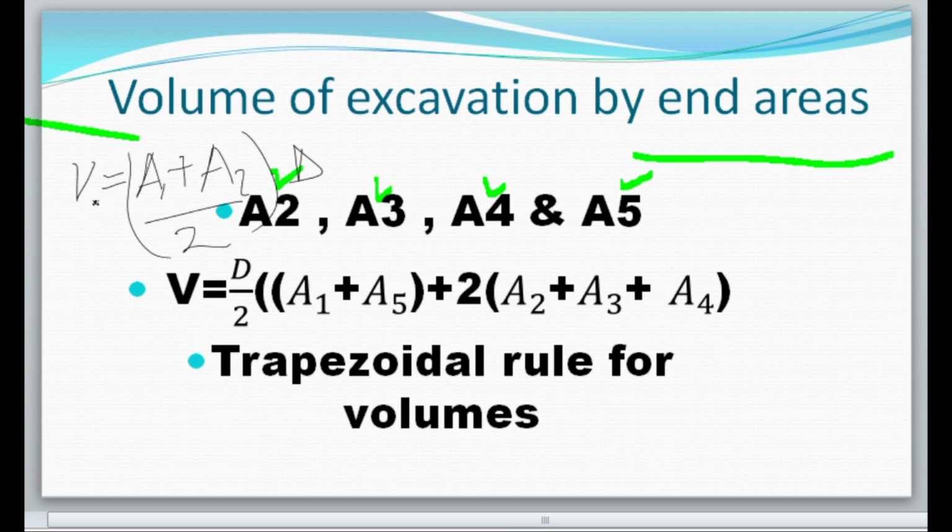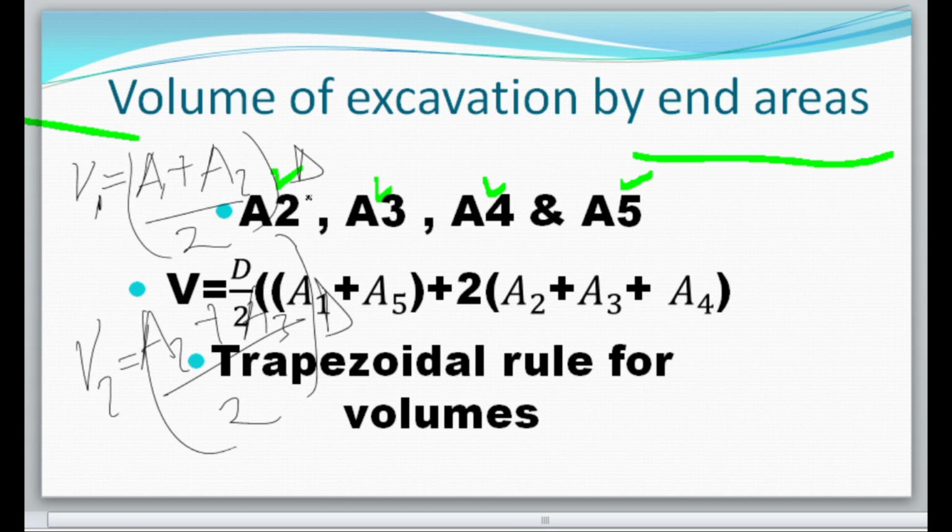This is the formula that we'll be using. So we'll have to calculate volume 1, volume 2, again area 2 plus area 3 over 2 multiplied by d. I'm using this formula because the d, the distance covered, is different in the areas.